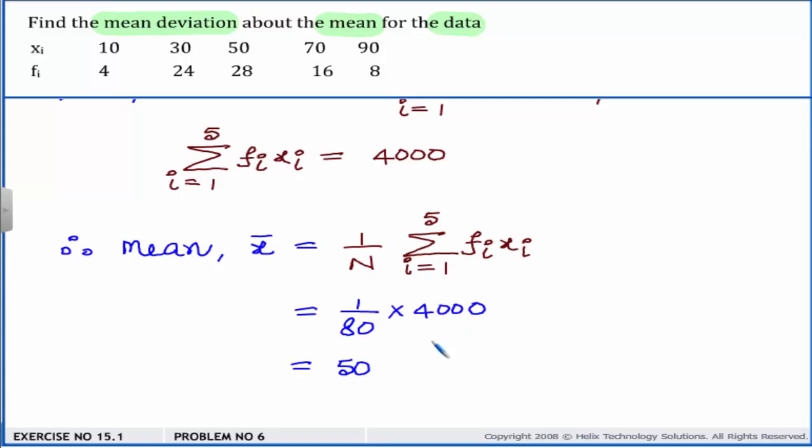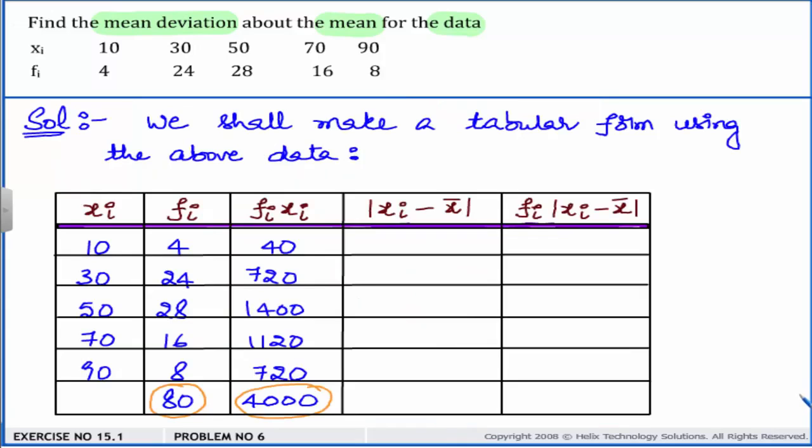On simplifying this, you will be getting 50. Therefore we have mean, x bar, is equal to 50. Now let us write this value near to the tabular form so that we can easily calculate the other two terms. x bar is equal to 50.